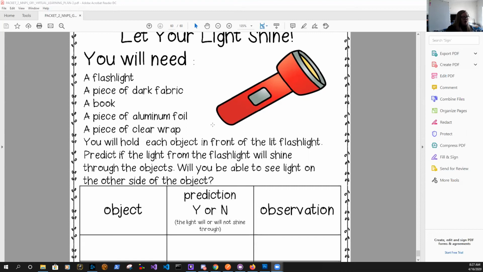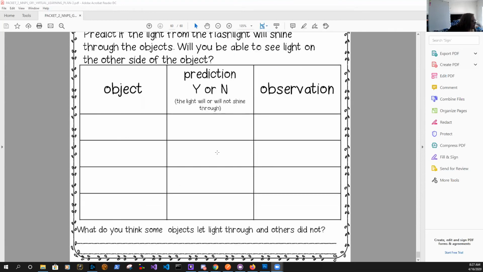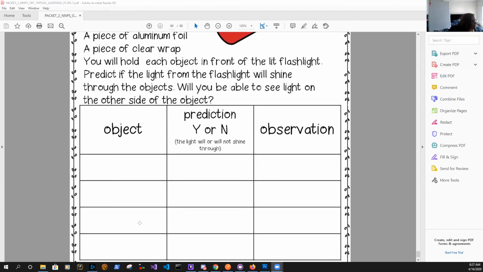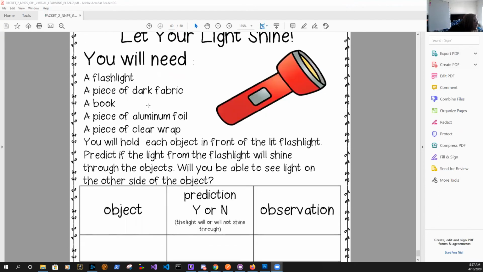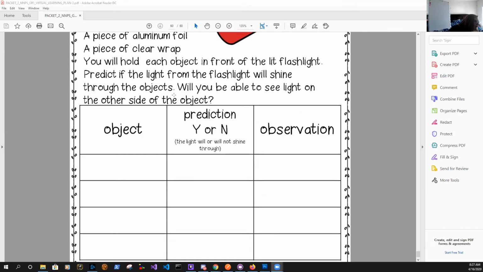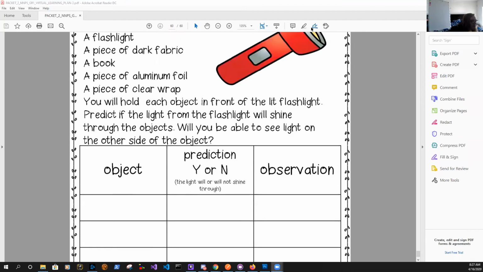So your paper has 1, 2, 3, 4 lines here. So this is where you're going to write object. So 1, 2, 3, 4. So you're going to pick 4, or the flashlight doesn't count. So dark fabric, for right here you can write fabric.